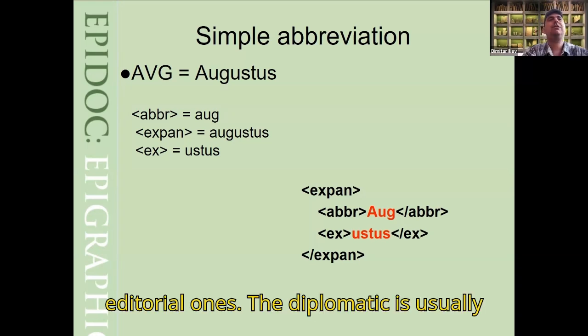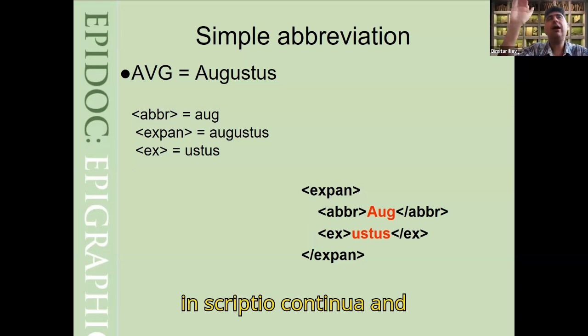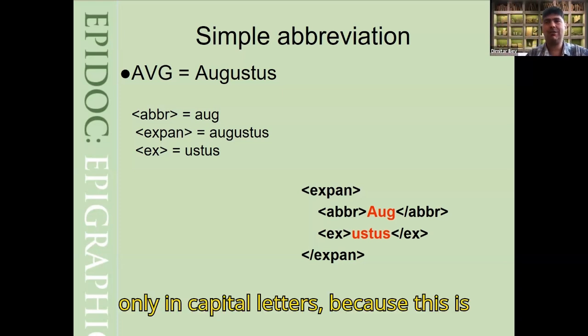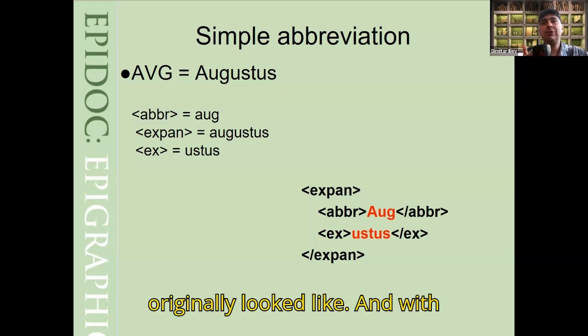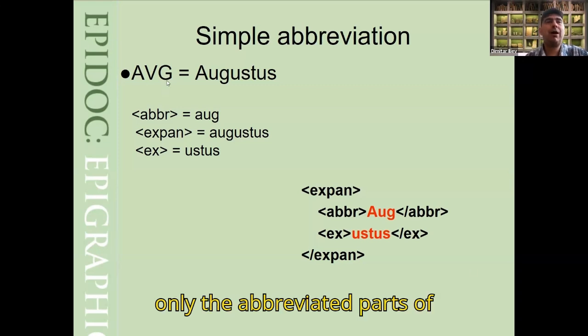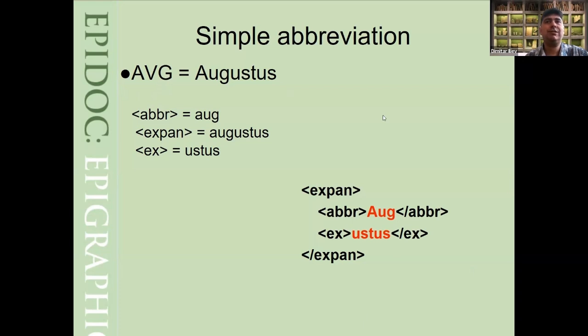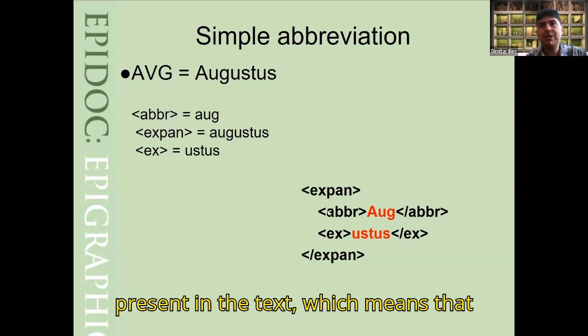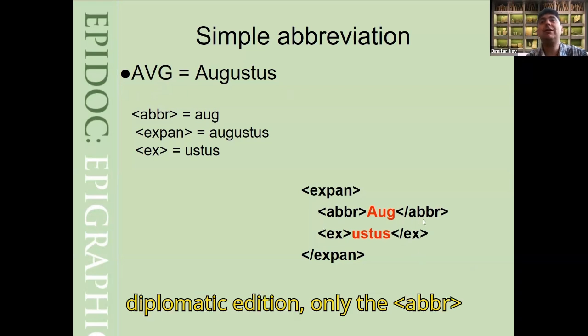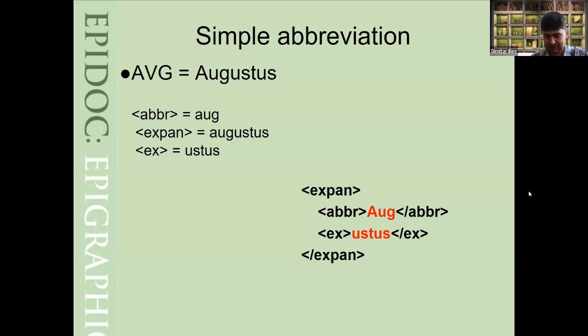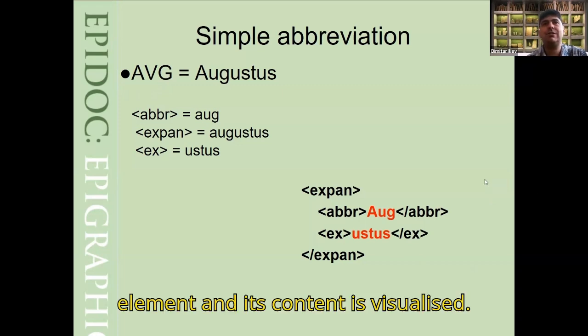The diplomatic is usually in scriptio continua and only in capital letters, because this is what the letters on the stones originally looked like, and with only the abbreviated part of the abbreviations present in the text, which means that of this expand, Abbr, and X elements, in the diplomatic edition, only the Abbr element and its content is visualized.